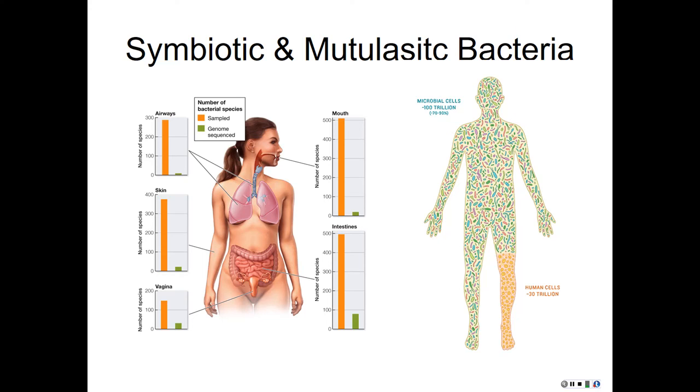They're very, very important to the functioning of our gut. And we probably have many, many more mutualistic species than this. We just don't know about all of them yet.